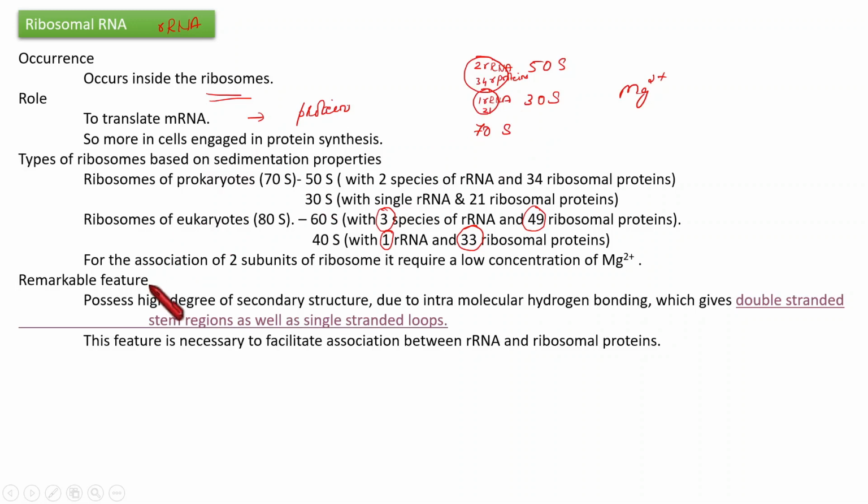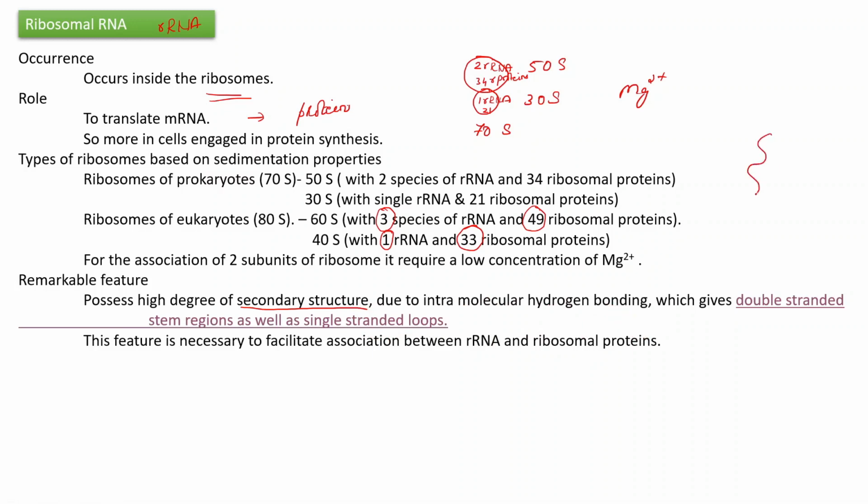Then one remarkable feature of this ribosomal RNA is that it possesses a high degree of secondary structure. Why does it possess a high degree of secondary structure? Due to intramolecular hydrogen bonding.